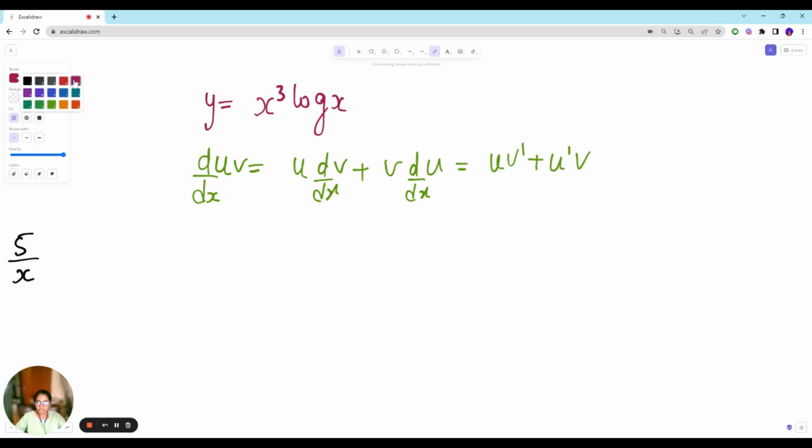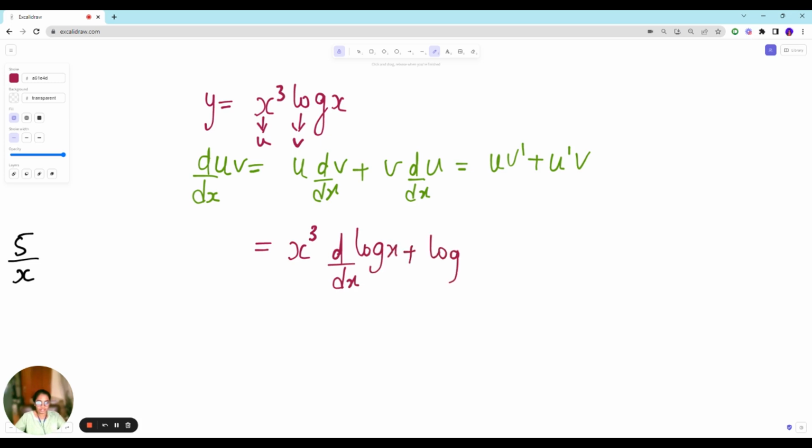Now let me solve this question using the product rule. In place of u, I'll take x cube. In place of v, I have log x. So if I keep u as it is, I'll get x cube, then find the derivative of log x, plus keep log x as it is, and find the derivative of x cube.